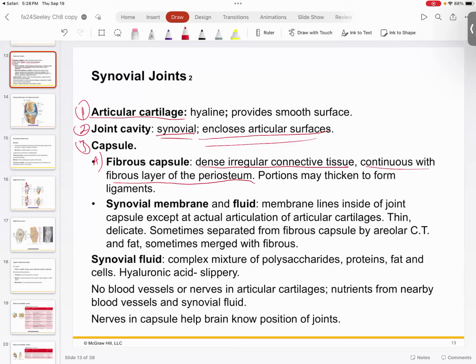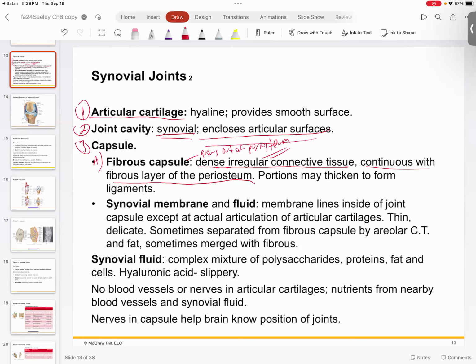Because basically what that means is the fibrous capsule grows out of, if you will, for lack of a better term, the periosteum as it covers, in this case, we'll use the knee as an example, the knee. So really the fibrous capsule kind of emerges from the periosteum and forms that tough connective tissue outer portion that encapsulates the entire knee joint.